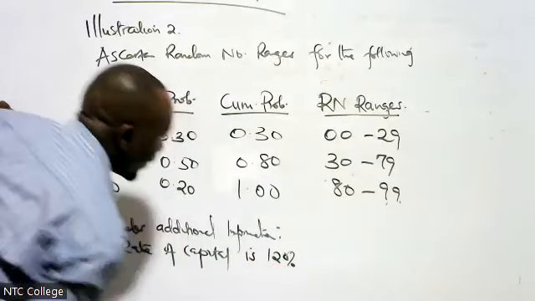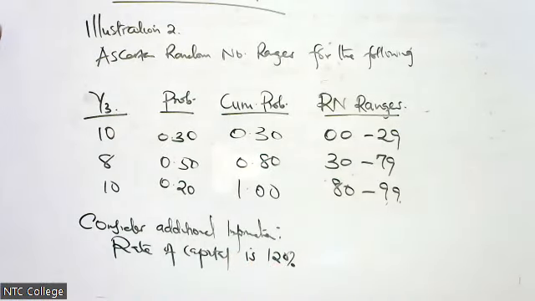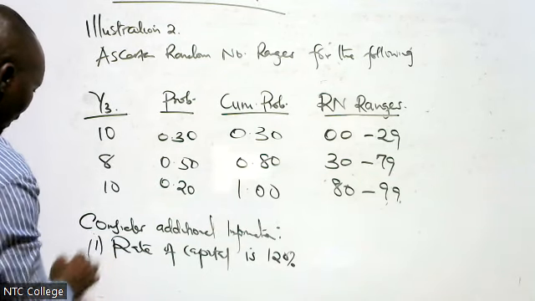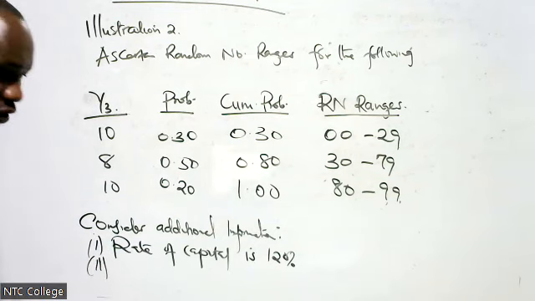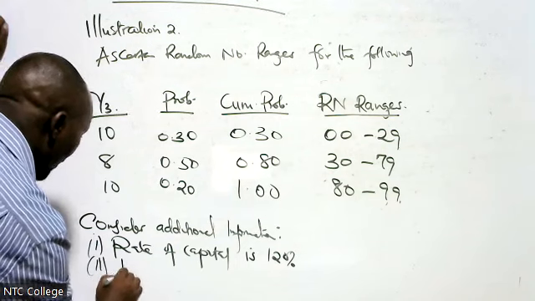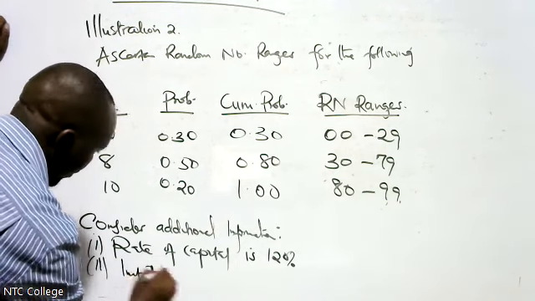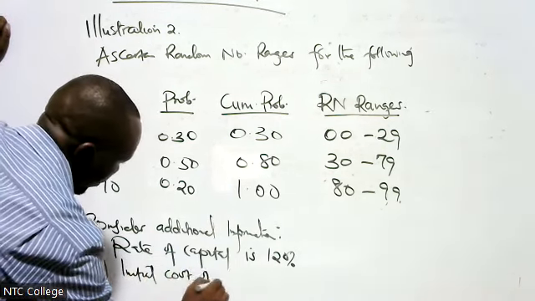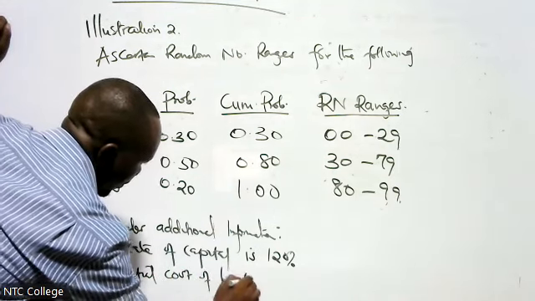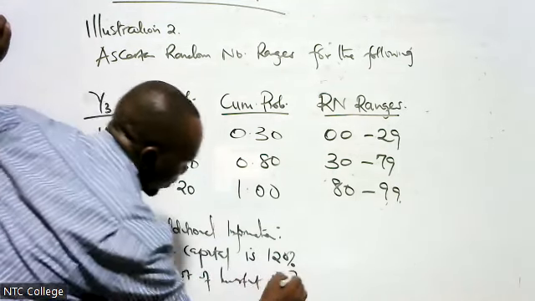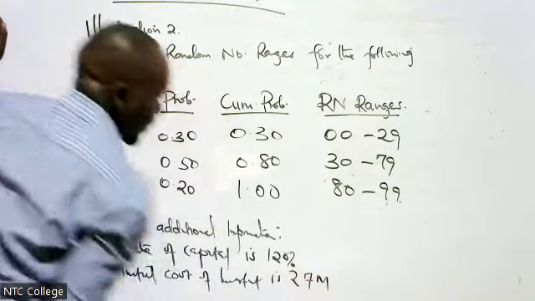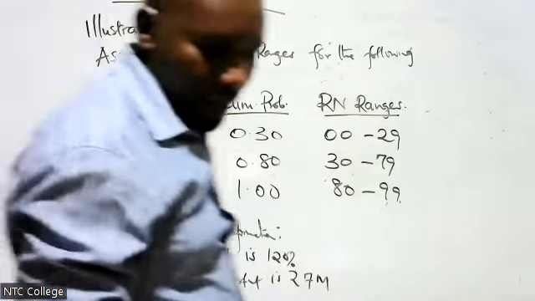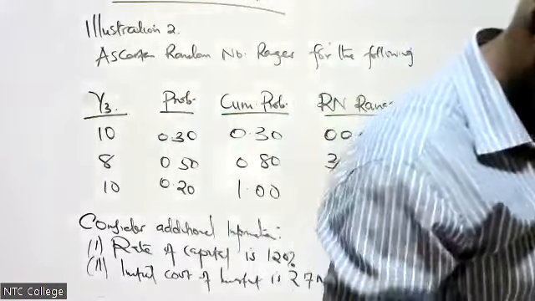Assuming that you're given that the rate of capital is 12%. And then the initial cost of investment is 27 million.